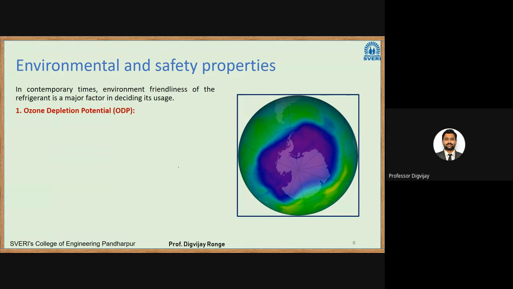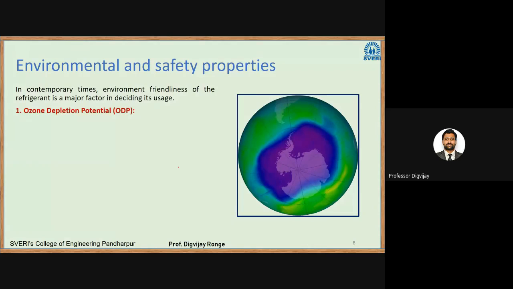This ozone layer deflects the UV rays, but what happens in the ozone layer? Generally, the molecular formula of ozone is O3. UV light reacts with O3, and because of that, ozone depletion may occur.